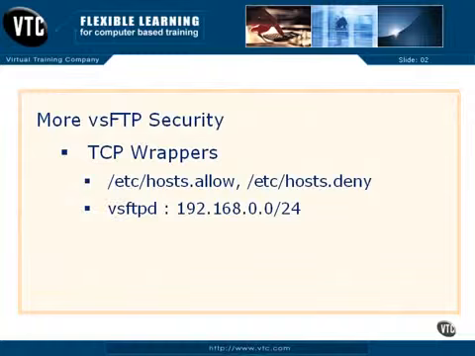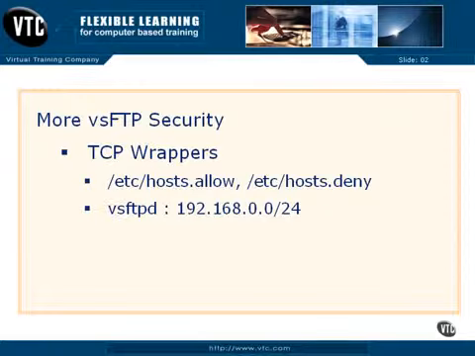Similar firewall security measures are possible using TCP wrappers. vsftpd is a TCP service and thus can be controlled by TCP wrappers configuration files, specifically /etc/hosts.allow and /etc/hosts.deny. I've discussed the configuration of these files in another video.